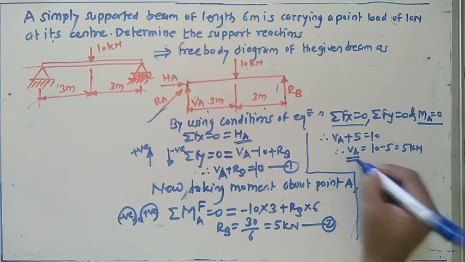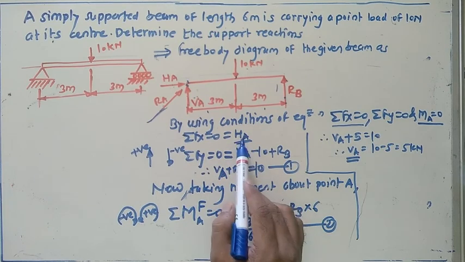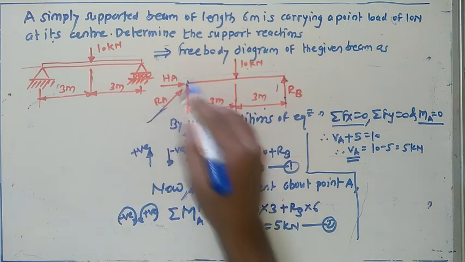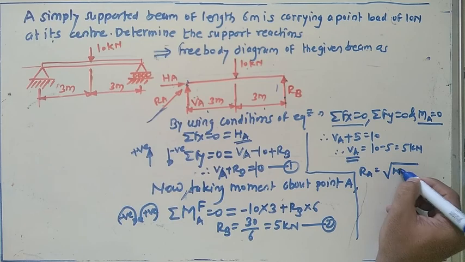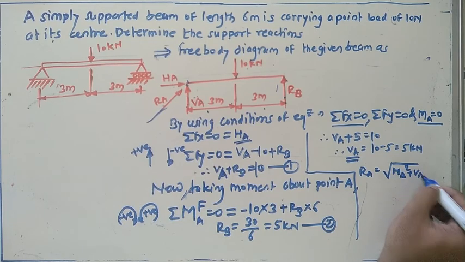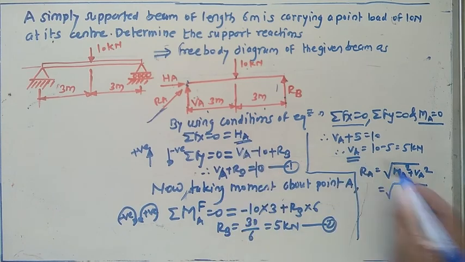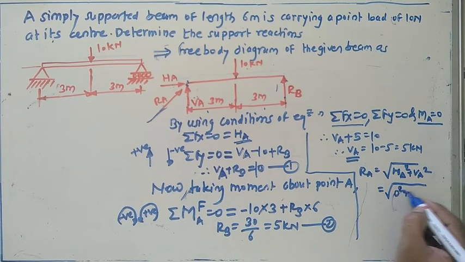Now, HA is 0, so the resultant of the same is RA. So RA is nothing but root of HA square plus VA square. HA is 0, plus VA is 5 kilonewton, 5 square. So what do we get?